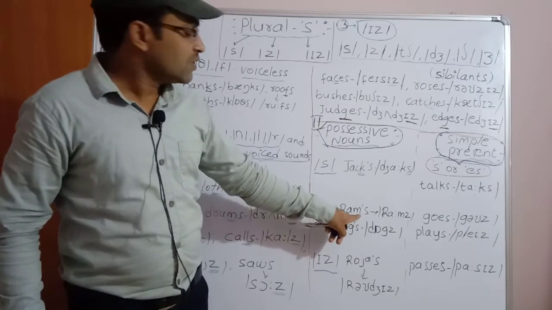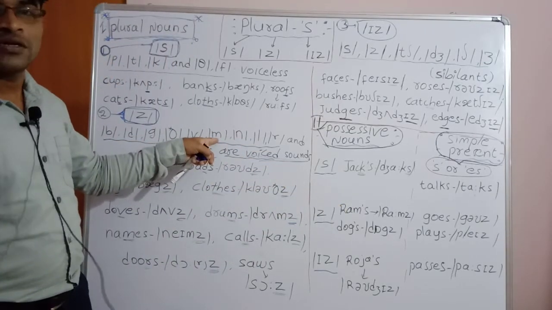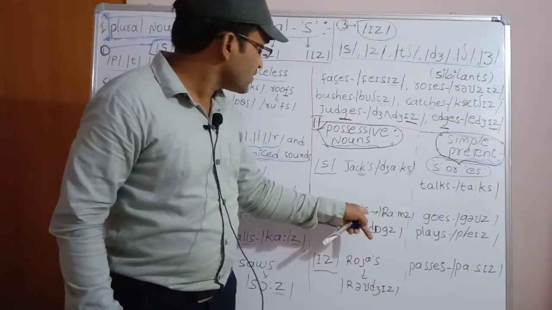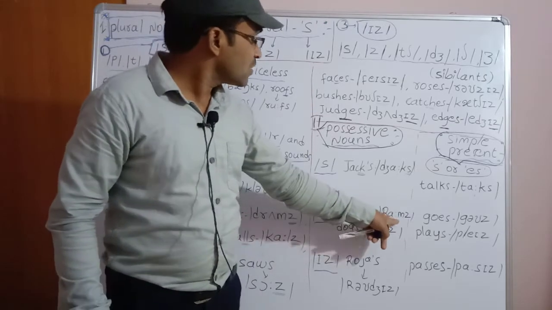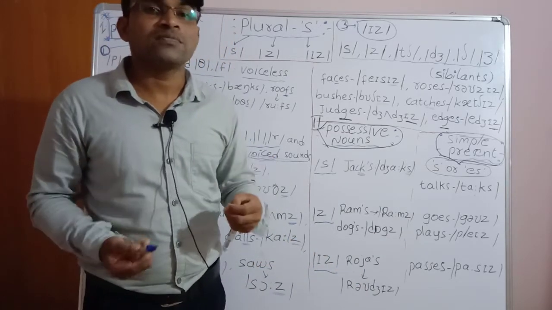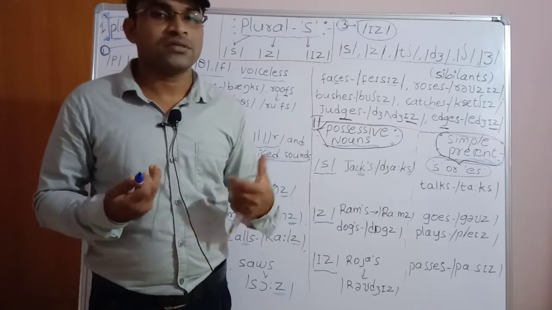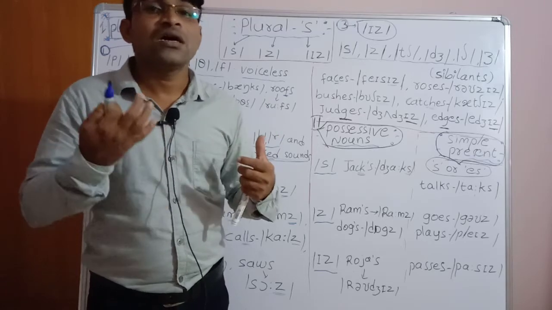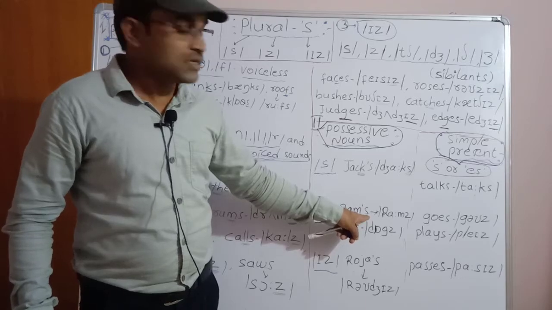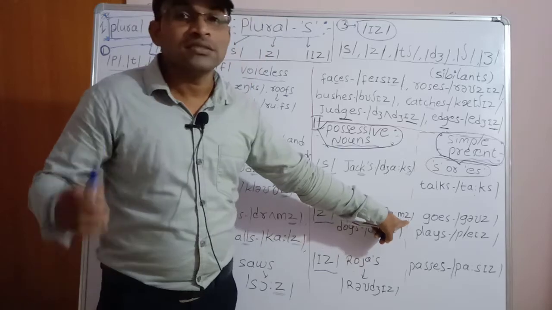Ram apostrophe s. The last sound is ma, so it is pronounced as ja. Ram's. It is Ram's house. Here the suffix sounds like ja.